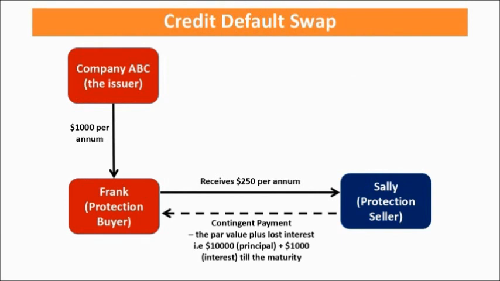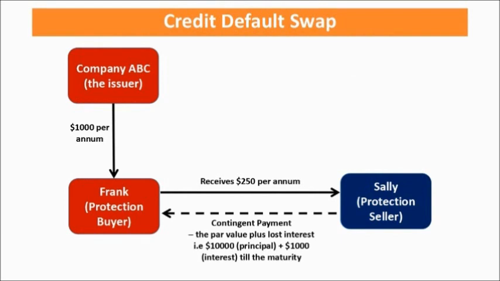So he basically buys a protection from Sally, who is a protection seller, who takes $250 from Frank. In return, Sally would be paying $10,000 of principal and $1,000 of interest, whatever is due till the maturity. But this payment is subject to the condition that ABC defaults on the promise that was made to Frank.